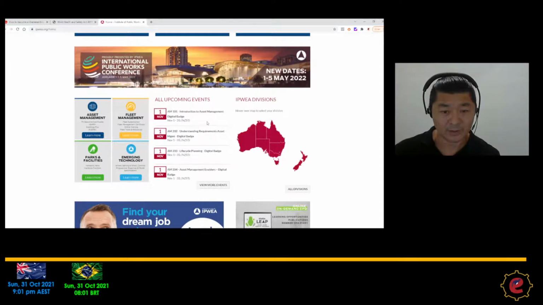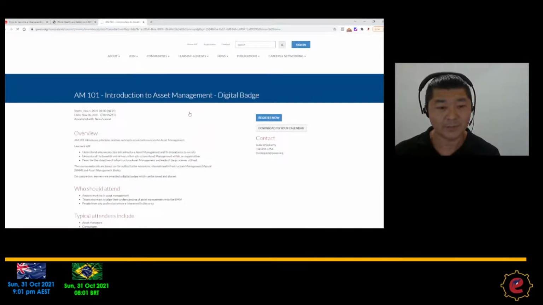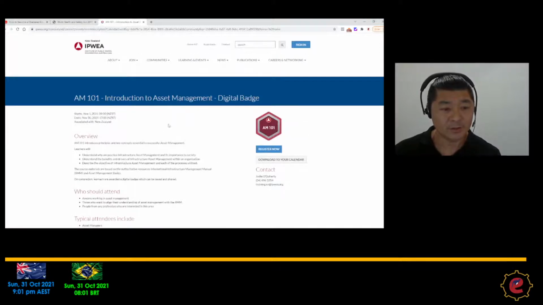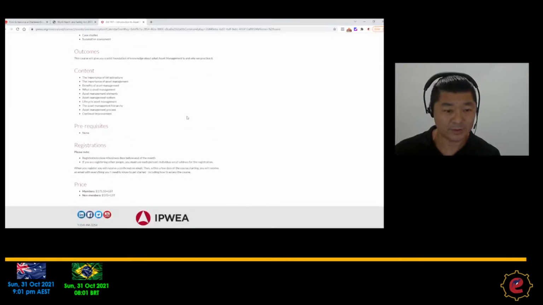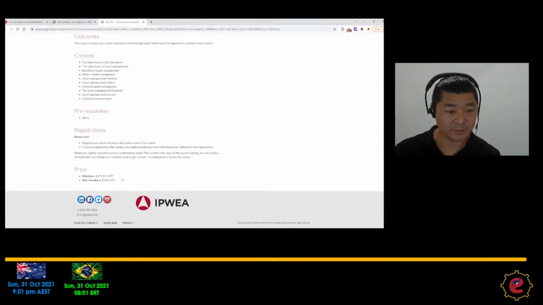So let's have a look. One here, Introduction to Asset Management, Digital Badge. Some of them are free, others you have to pay. So let's have a look at this one. I don't know if it says, yes, it is paid.